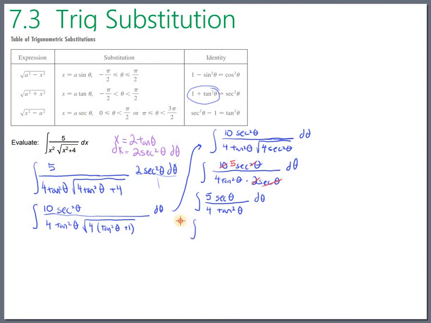And actually, I'm just going to pull the 5/4 out front. So 5/4 secant. Let's go all the way back to basics. Secant is 1 over cosine. Tangent is sine over cosine. So we've got fractions divided, we can flip.